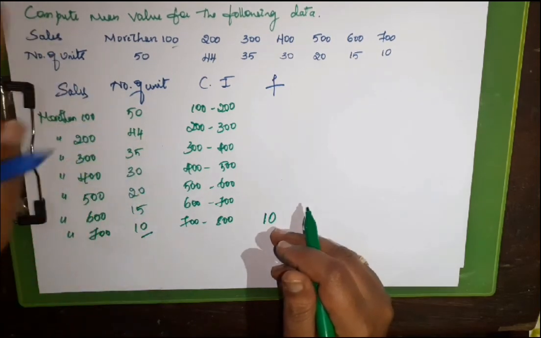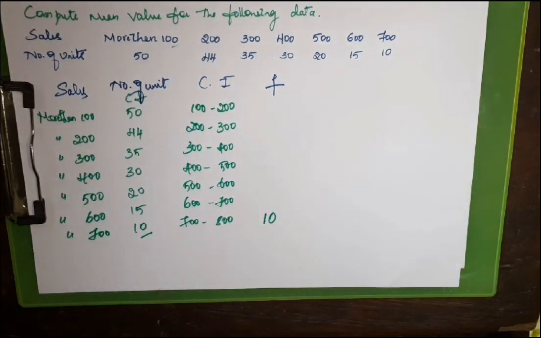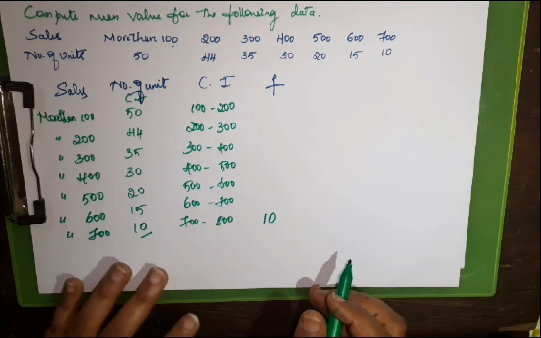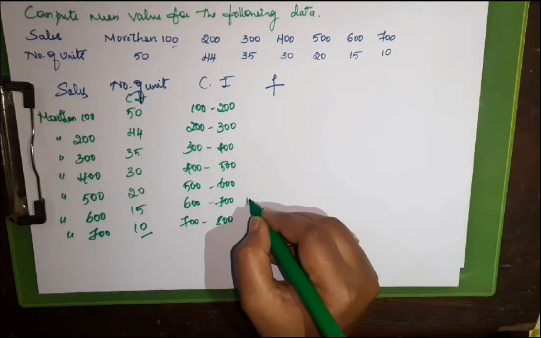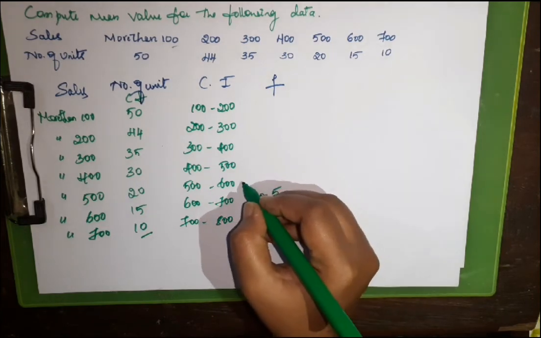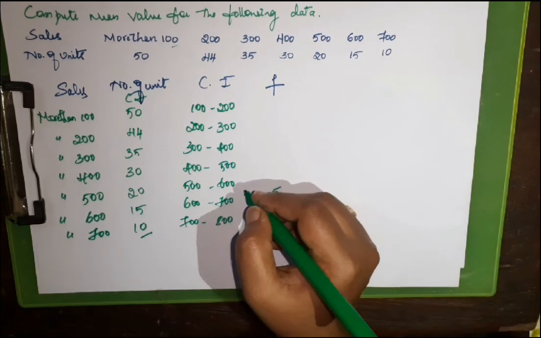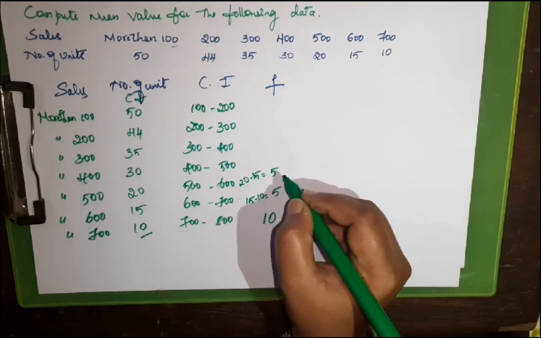So based on this, we're going to find out the frequencies. This is cumulative frequencies under descending order. Okay, see. So the last number you have to write as it is. So how to find the next number? That is 15 minus 10, you will get 5. Okay, then 20 minus 15 will get 5.